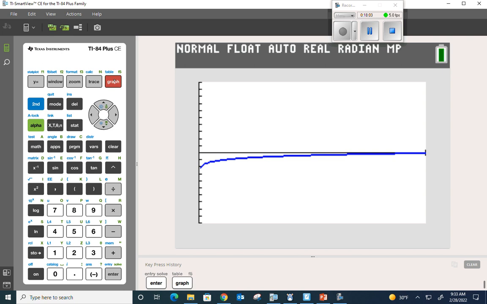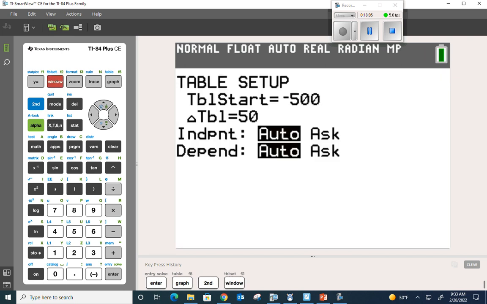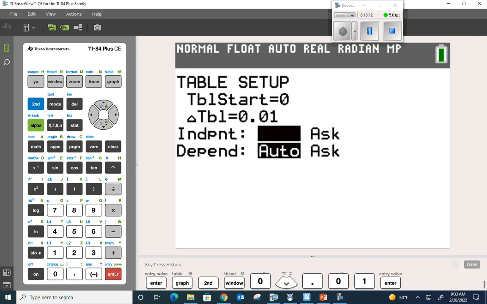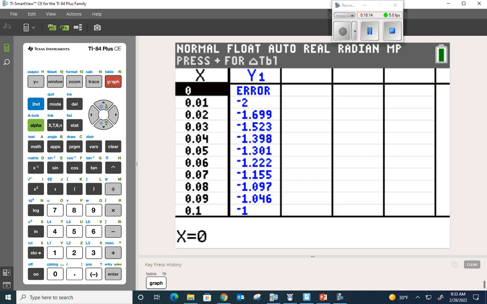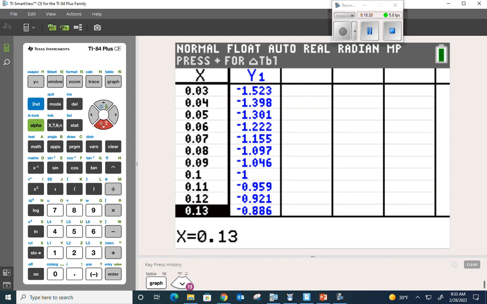If I'd go to the table, and I'd go up by, let's get really extreme and say hundreds, now it'll show you there's all kinds of y values there.